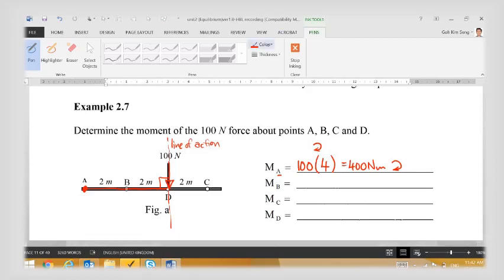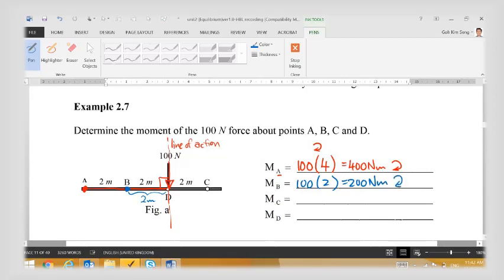Now let's move on to point B. If we are looking at point B, the distance would now be 2 meters. So we have 100 times 2, which is 200. And again, it's a clockwise moment.